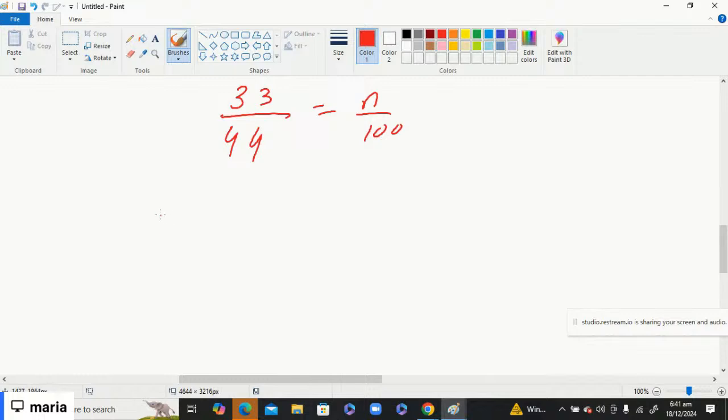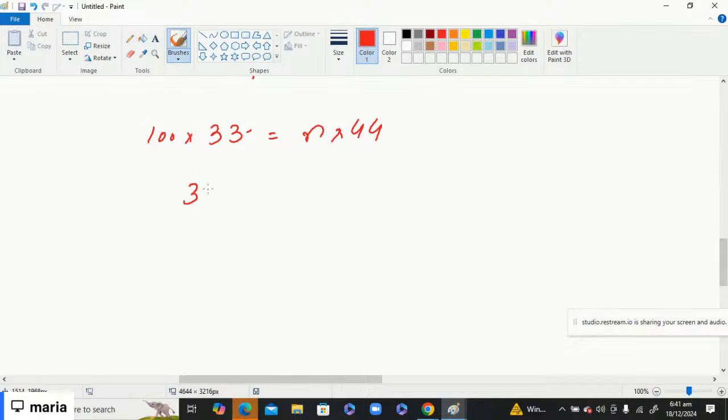Okay, so 100 times 33, cross multiply, n times 44. Now this becomes 3300, that equals n times 44.